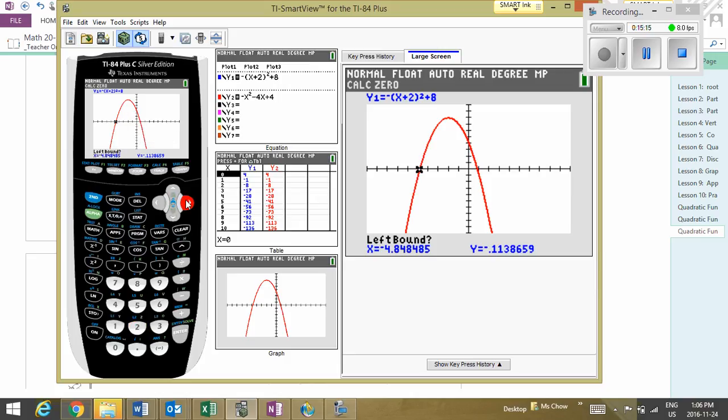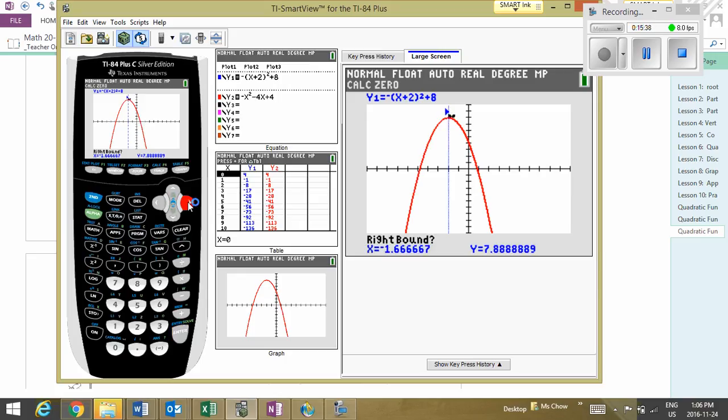So again, even just moving the cursor up from there, that would work. The other thing that you actually can do, it doesn't prompt you, but you can also enter in what the left boundary is. So I might say that the left boundary is -2. And you can see as soon as I start typing, it puts in that x is equal to -2 as my left boundary.